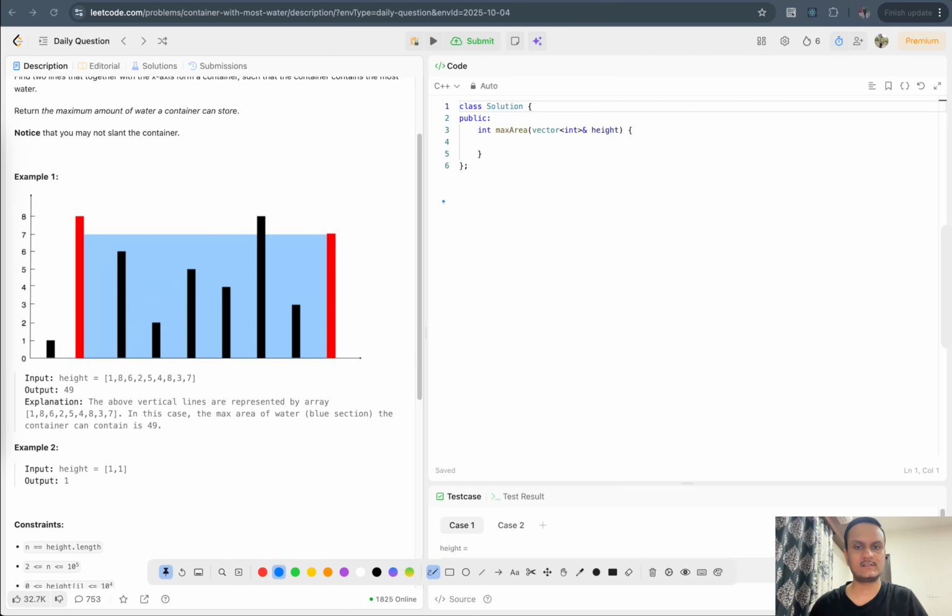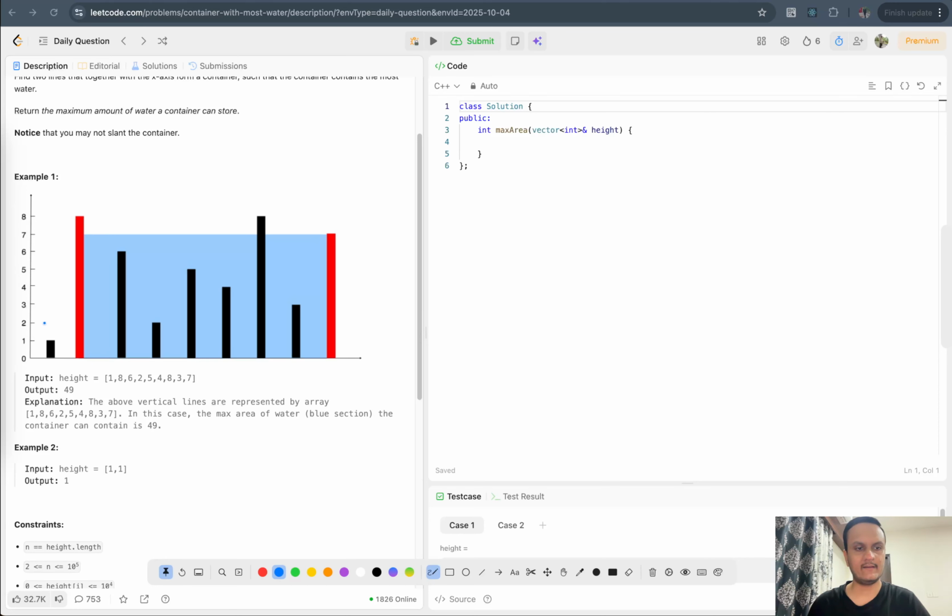So to solve this, we will take the same two pointer approach, and we will keep track of the maximum wall we have seen from the left and the maximum wall we have seen from the right, similar to the trapping rainwater problem, and we can calculate based on that. Okay, so I will try to run this on the first example.